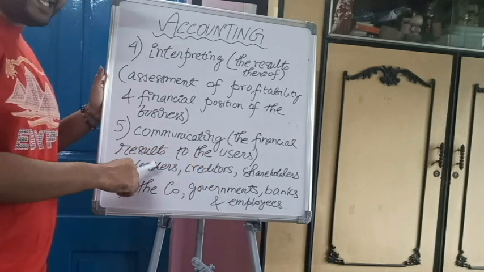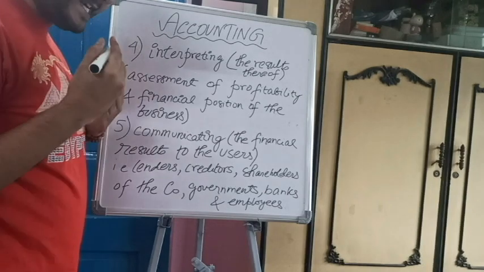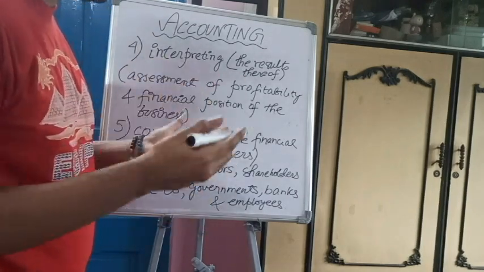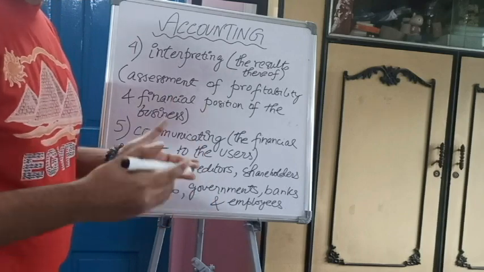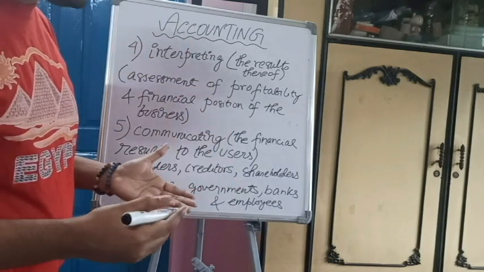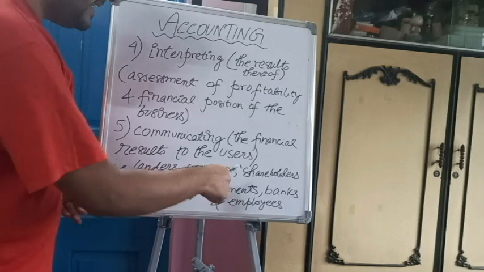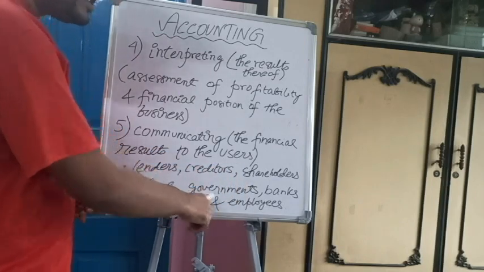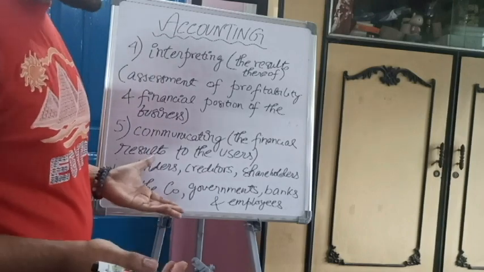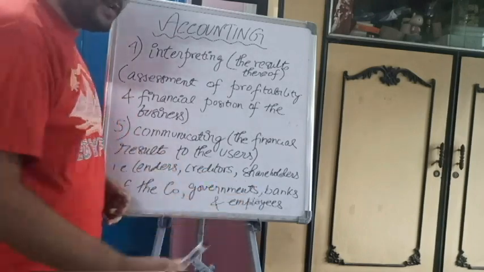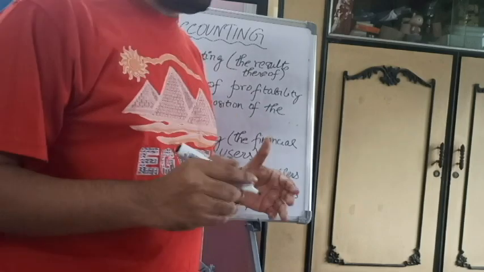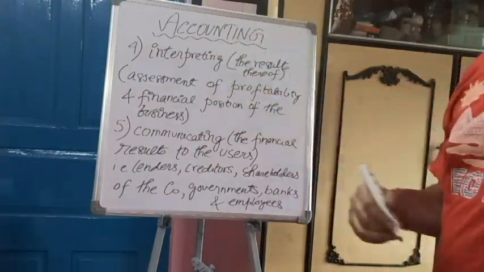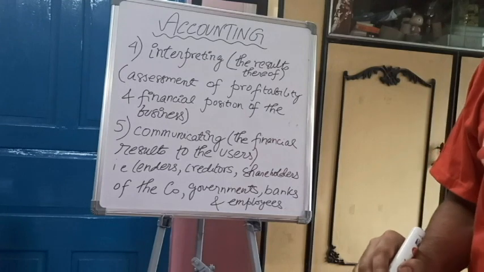Who are the users? The lenders, those who lend money. Creditors, those who sell goods on credit. That means not the full amount is paid, maybe partly paid, or the amount is to be paid later by the company to the creditors. The shareholders, those who hold shares in the company. The governments, that is nothing to explain. Banks and the employees. They are the financial users of the accounting information.